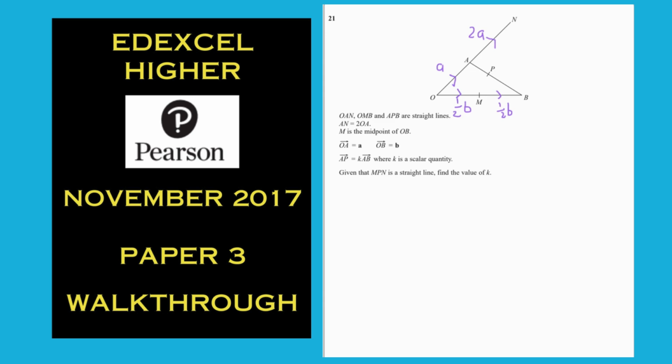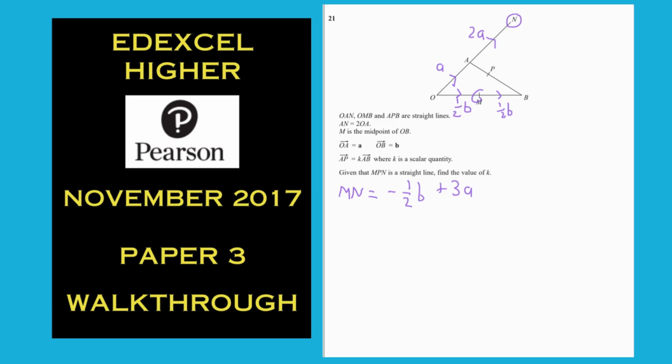So the key to it is find the vector, find the journey from M up to N. So M to N is, we go to O first, that's minus a half B. Then we go to A and double A, so we go 3A, like so.